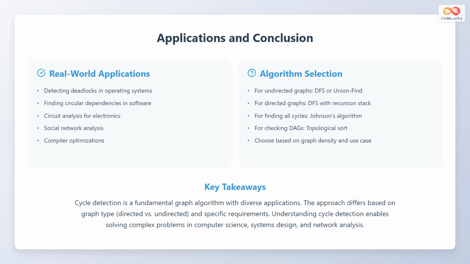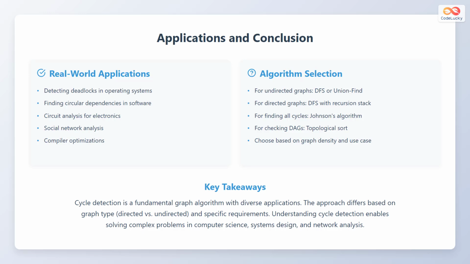In summary, cycle detection is a fundamental graph algorithm with diverse applications. These applications include detecting deadlocks in operating systems, finding circular dependencies in software, circuit analysis for electronics, social network analysis, and compiler optimizations. Algorithm selection depends on the graph type.